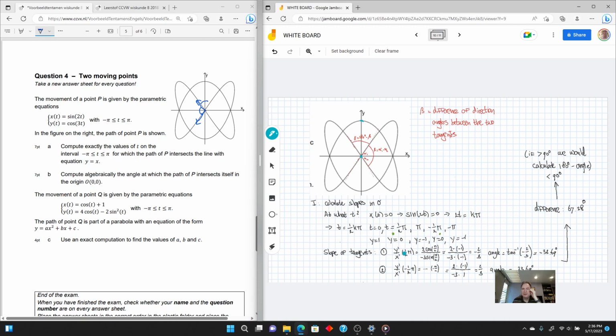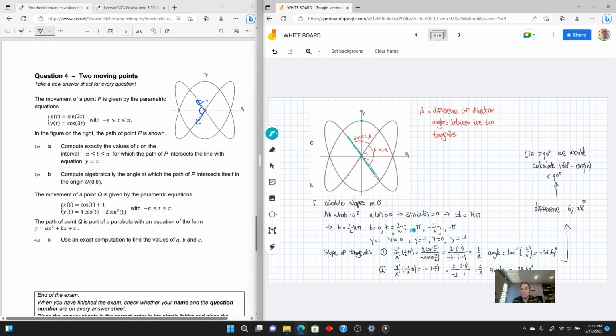Now we just need to calculate y prime divided by x prime for these two t's. And that's worked out here. It's definitely basic knowledge to find the derivatives. And then at half pi, you find the angle is minus 33.69. So yeah, that's this line here. So it has a negative slope. Remember, the slope is the angle with the positive x direction. That's also called the directional angle.